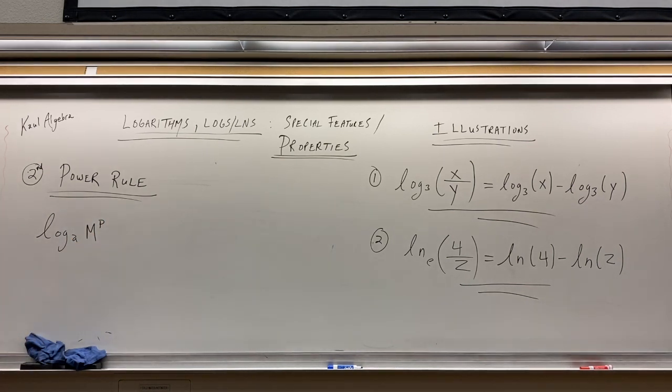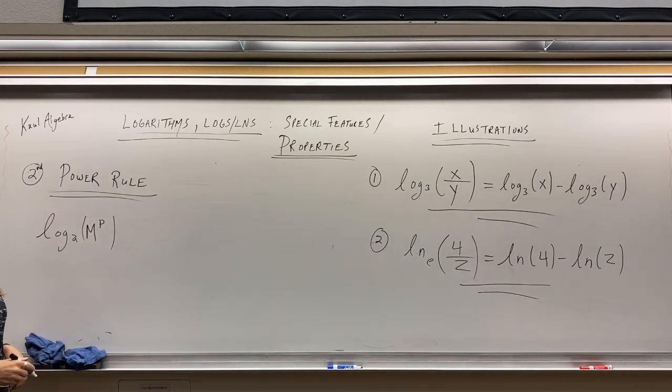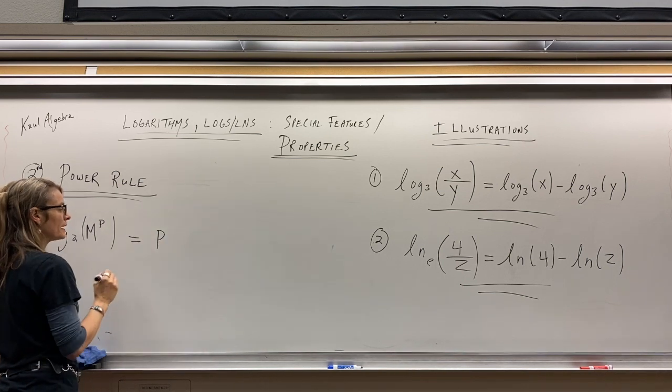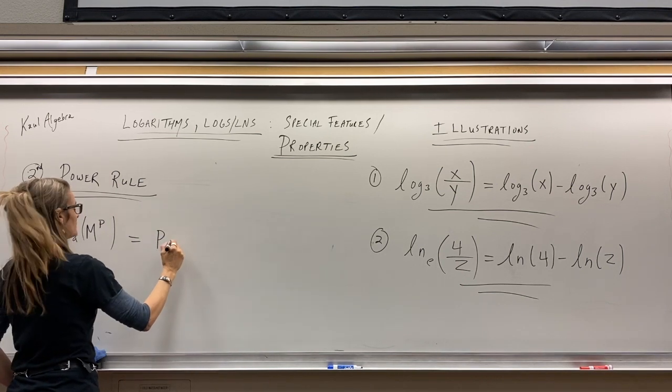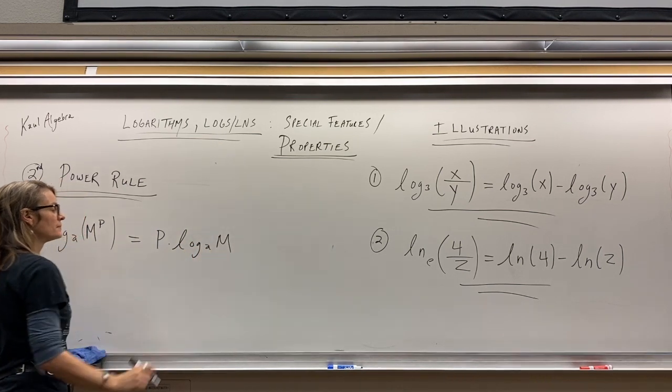That's the standard I use in my notes, but other people do it different ways in the books. So here I have some value or variable that's placed to a certain exponent inside my logarithm. Remember, this is inside the logarithm. This is equivalent to saying the power up front times log base A of m.